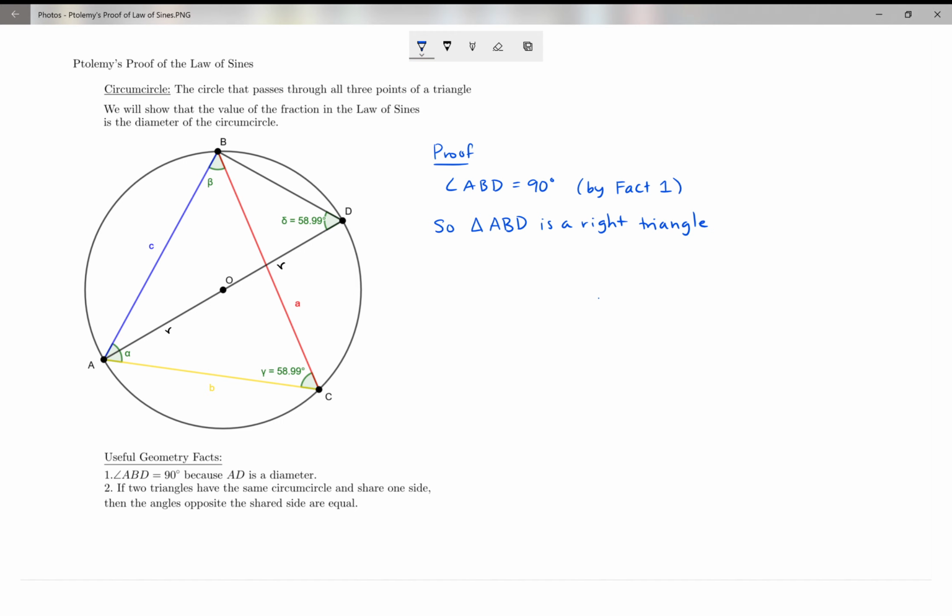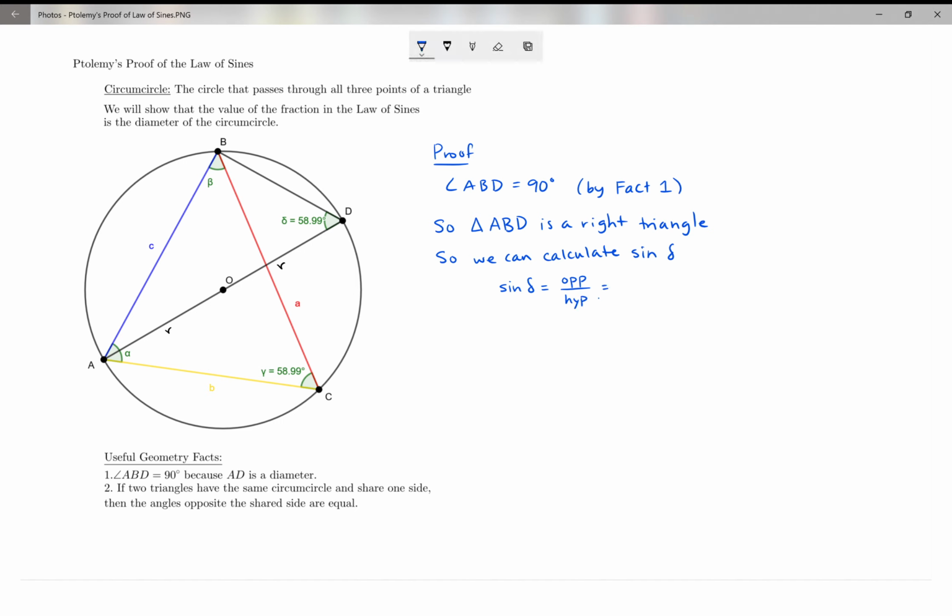So we can calculate a sine for angle delta. From class we learned that sine of delta is equal to the opposite side over the hypotenuse.